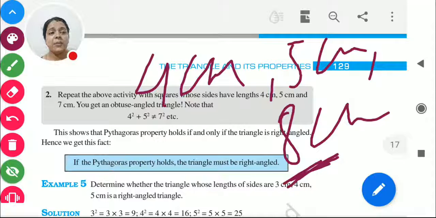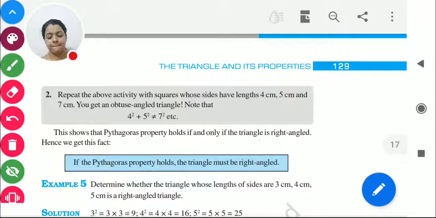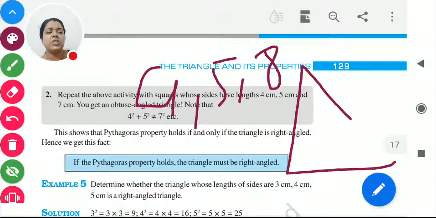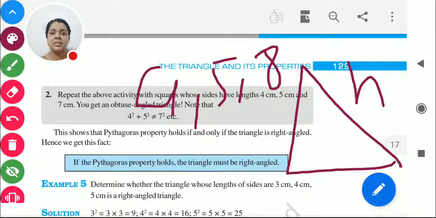Actually, what we find here is that one side is 4, another is 5, another is 8. So you just see which is the longest side given here. Undoubtedly it will be the hypotenuse.